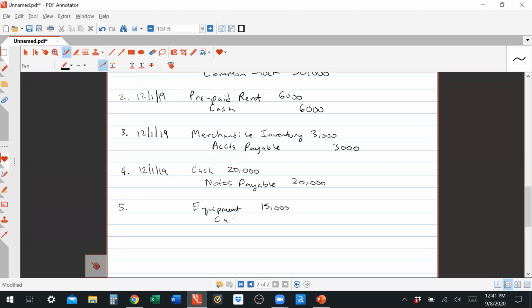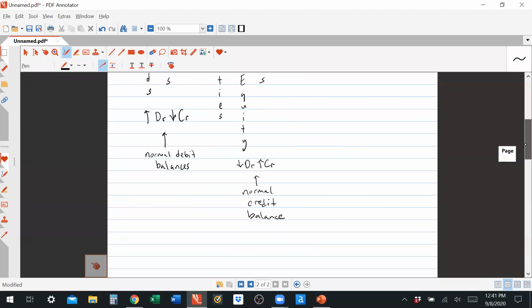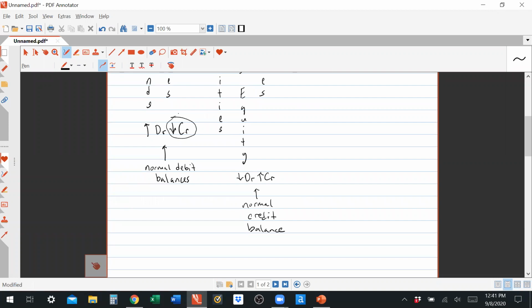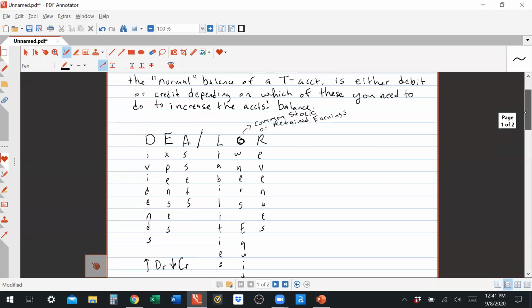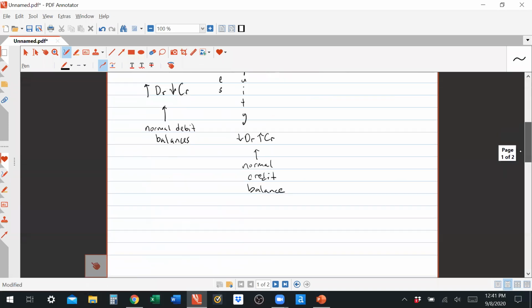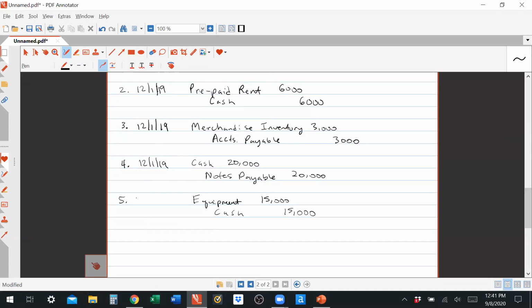We're going to credit cash 15,000. It is an asset and it went down. To make an asset go down, we credit it. So you see the importance of this right here, for the rest of the course.